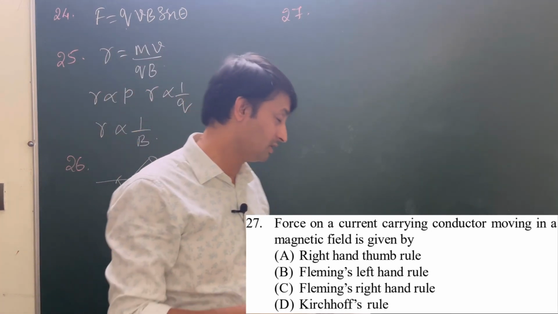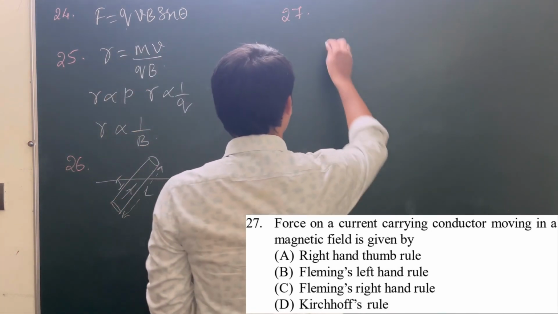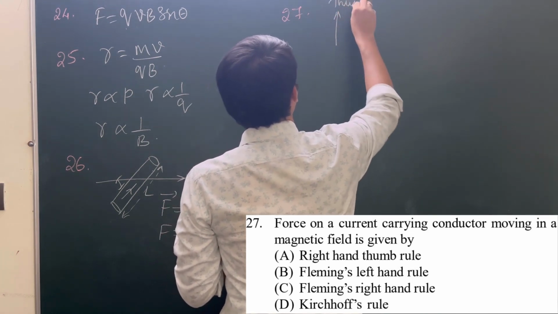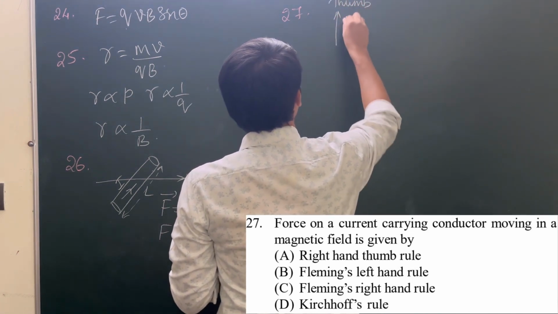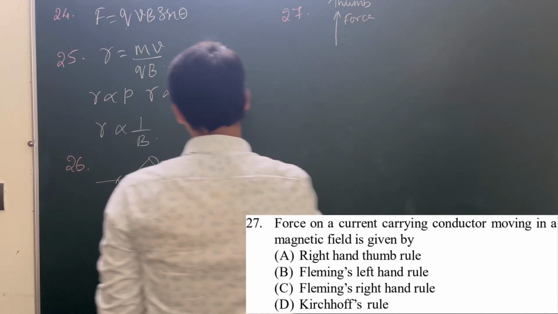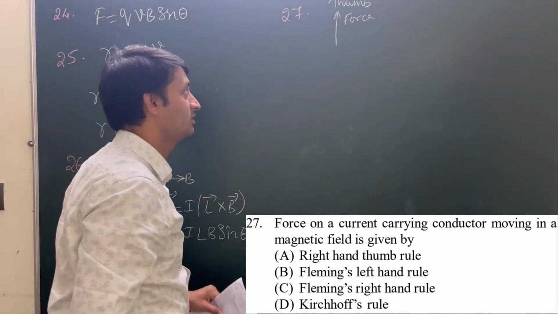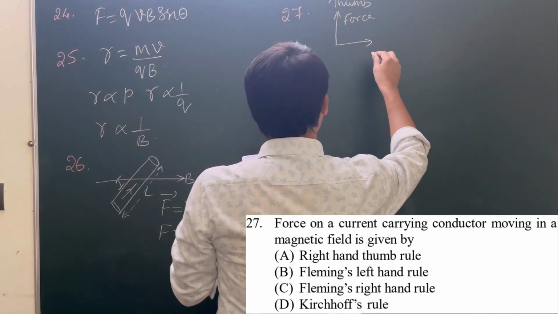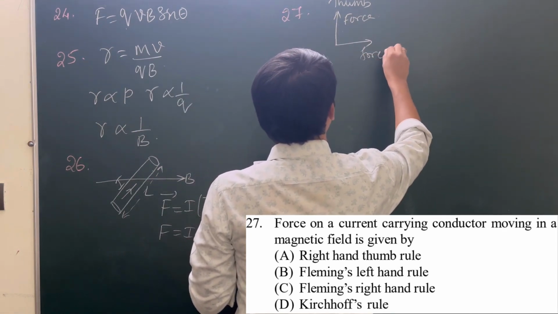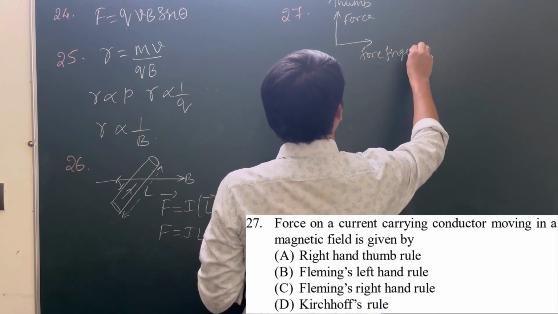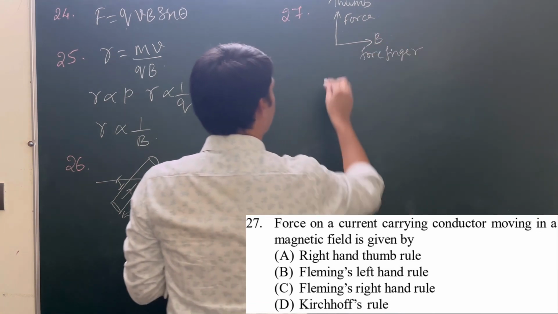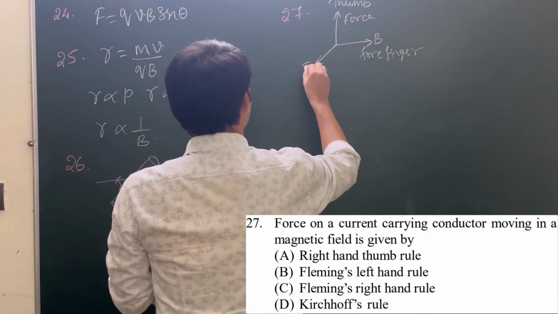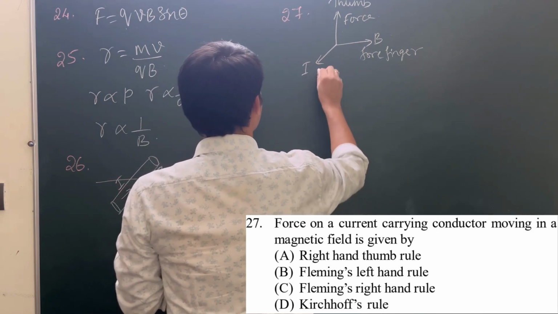According to this rule, the thumb indicates the direction of force acting on the conductor, the forefinger indicates the direction of magnetic field, and the middle finger indicates the direction of the current.